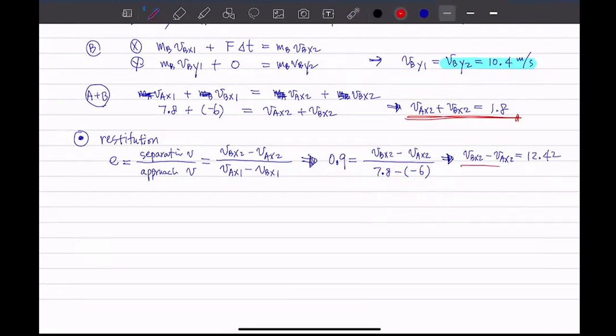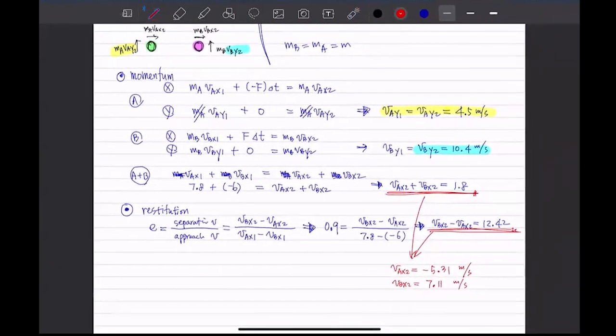And here we have another equation. And we can think, oh, it's vA,x and vB,x. So we have 2 equations, 2 unknowns. We can easily find the values, right? So by doing a little bit of math, let me use these 2 together. We can have vA,x2 equals -5.31 meters per second. vB,x2 equals 7.11 meters per second.